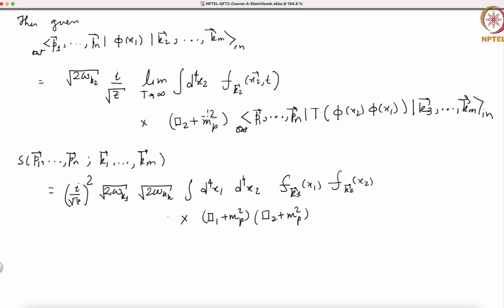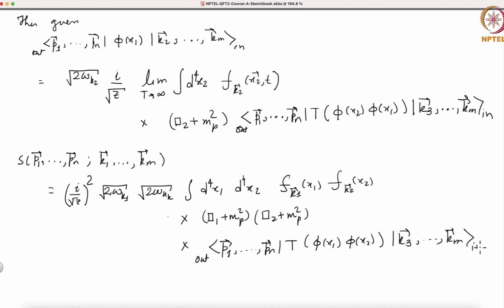Remember, we got these operators each time, and these act on this matrix element.